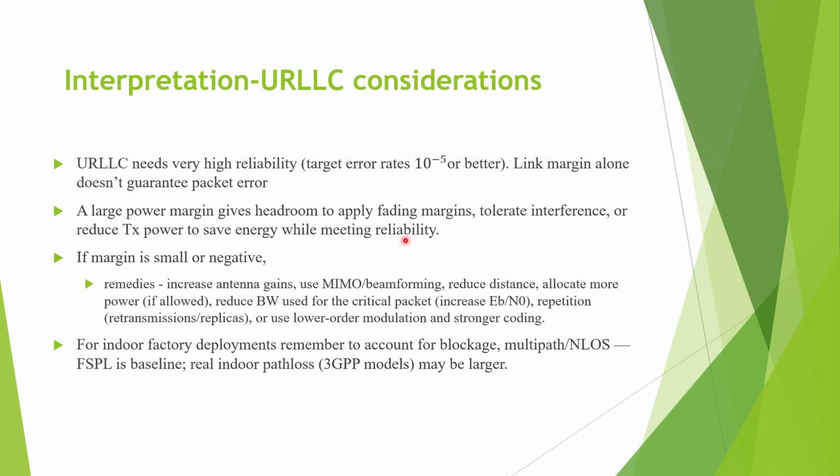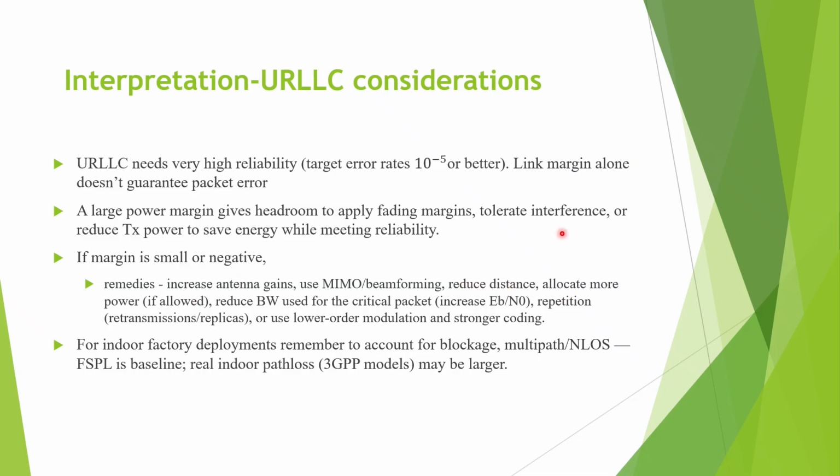So if the margin value is small or negative, what kind of remedies can we take? We can increase the antenna gain, or introduce the MIMO concept, multiple input multiple output, or beamforming, or reduce the distance between the transmitter and receiver.